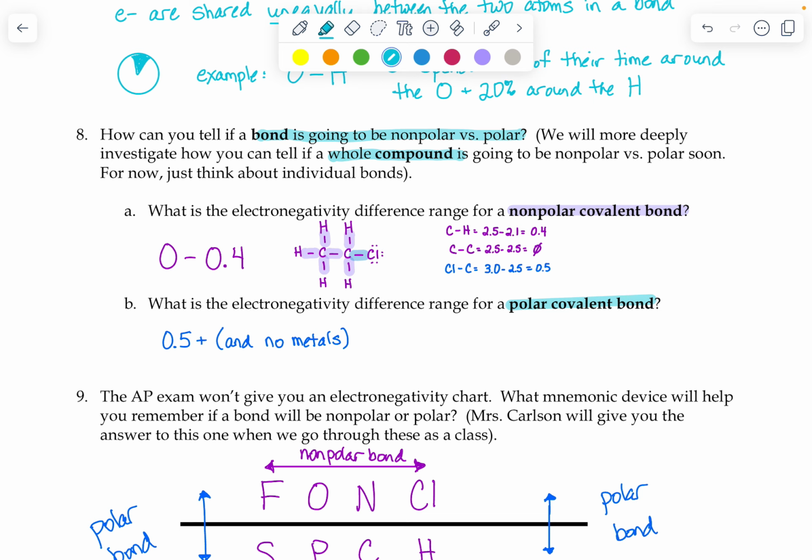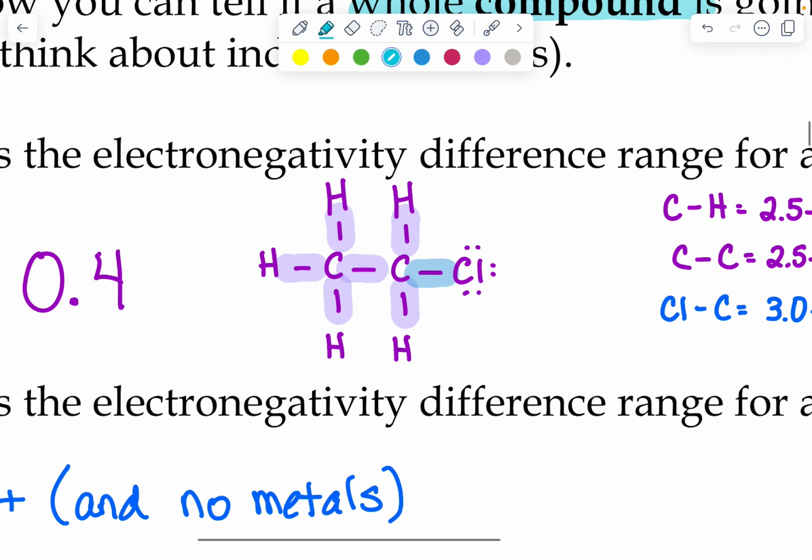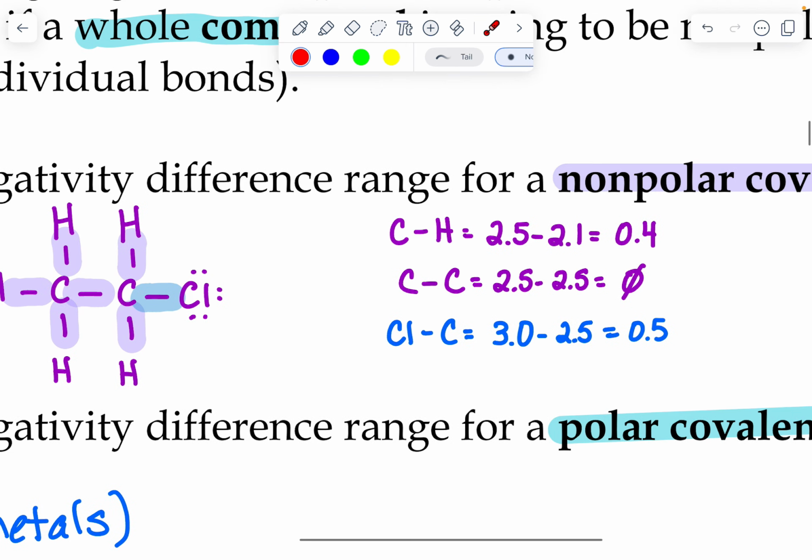So to determine bond polarity, you look up the electronegativity value of the two atoms that are being bonded together. If I zoom in on my Lewis dot structure here, this bond, for example, between the C and the H, if we wanted to determine if that bond was polar or not, we'd have to look up the carbon and hydrogen electronegativity values and find the difference between those two.